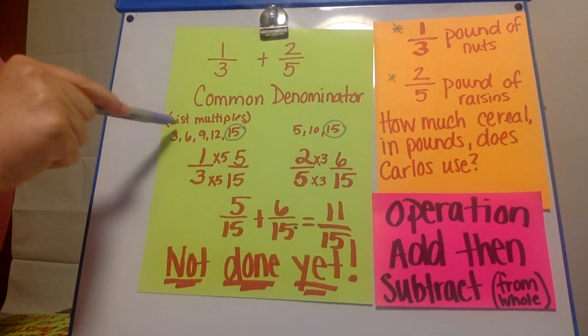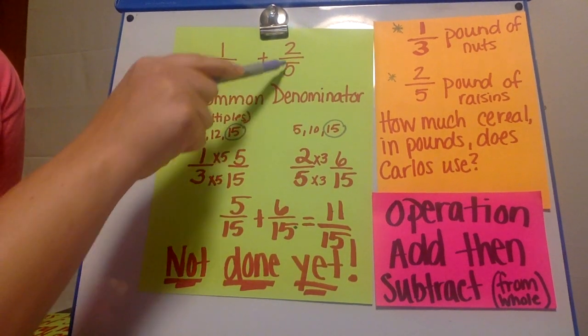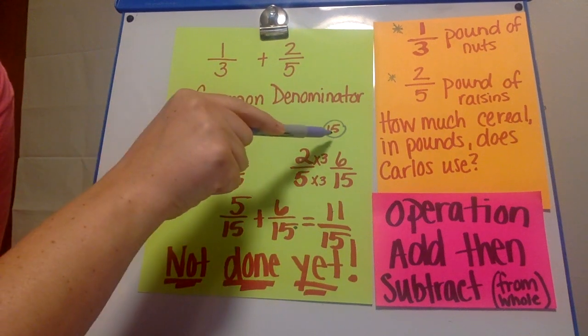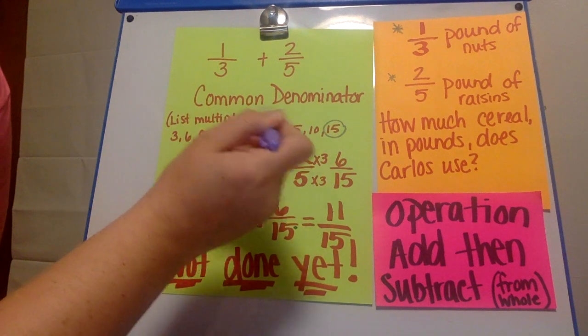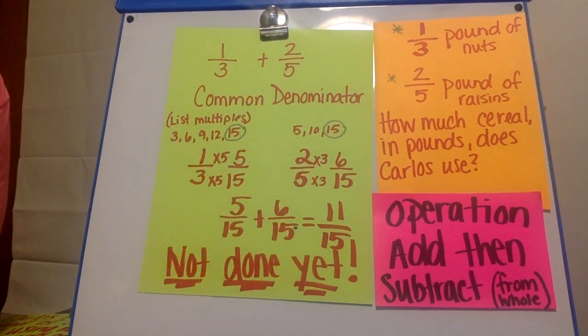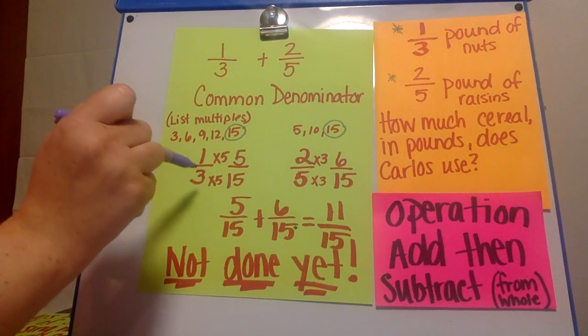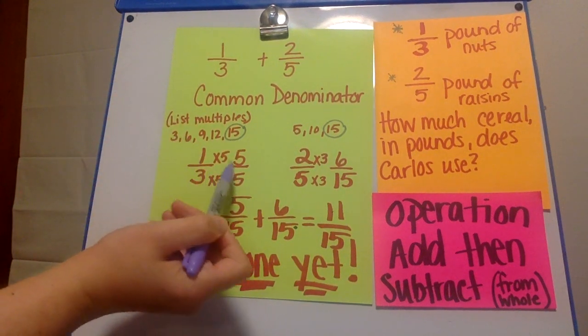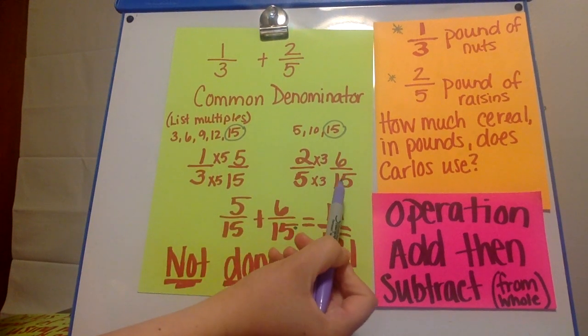So what I did here is I listed the multiples of 3 and I listed the multiples of 5. And then I realized that the multiple 15 is something they both have in common. So I began to find a common denominator and I renamed my fractions to 5/15 and 6/15.